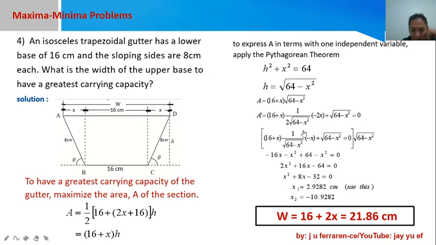There is a minus x left with 16 plus x in the numerator of this ratio. To further simplify, I multiply with the denominator, the square root of 64 minus x squared. So only the minus x can be distributed to 16 plus x, and I obtained this: minus 16x minus x squared plus 64 minus x squared, where the square root term is taken out from the square of this.